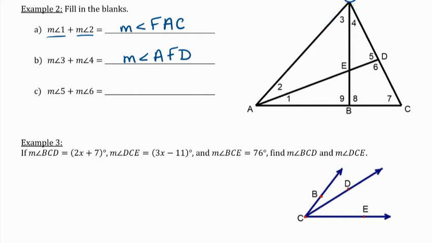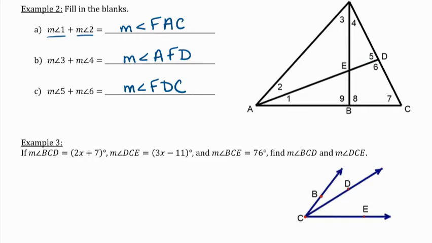Okay, and then our last one, angle 5 plus angle 6. Well, here's angle 5, here's angle 6. Right? When I add those two together, D's in the middle, so there's our vertex. And then I'm going to go off this way and go off this way. So I'd have the measure of angle FDC, or CDF would work there as well. Okay.